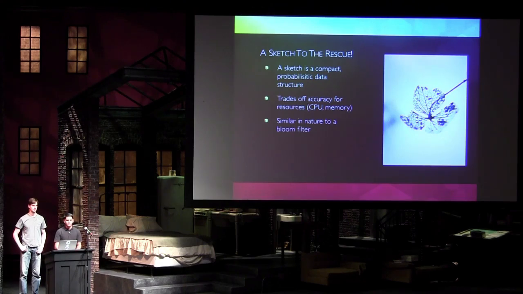In our case, we wanted to support lots of categories without using lots of RAM, because these things run on our agents. They have to be very, very lightweight. If you've heard of a Bloom filter, this is sort of the same approach. In fact, there are some sketches which are basically the equivalent of a Bloom filter.